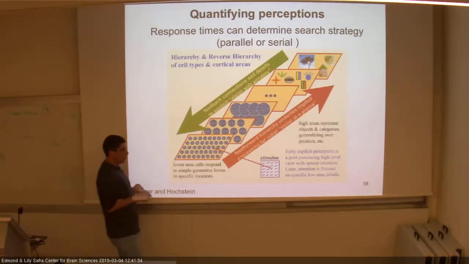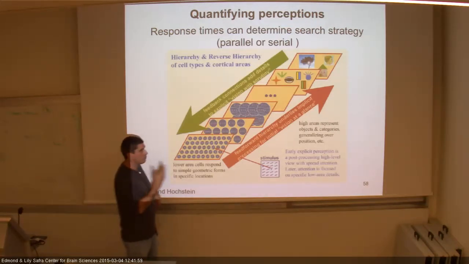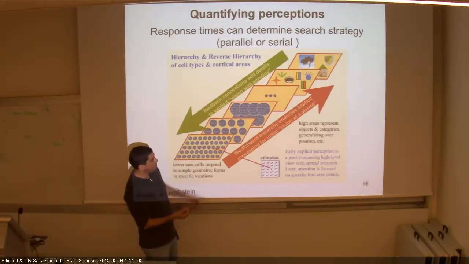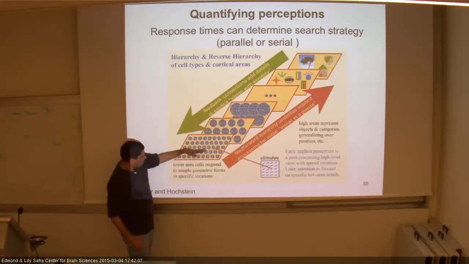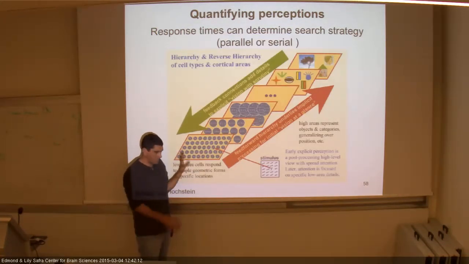Great. And when they did this kind of quantifying of perceptions, they actually found that we can identify objects much more rapidly than we can identify the orientation of a given line in a matrix of lines.